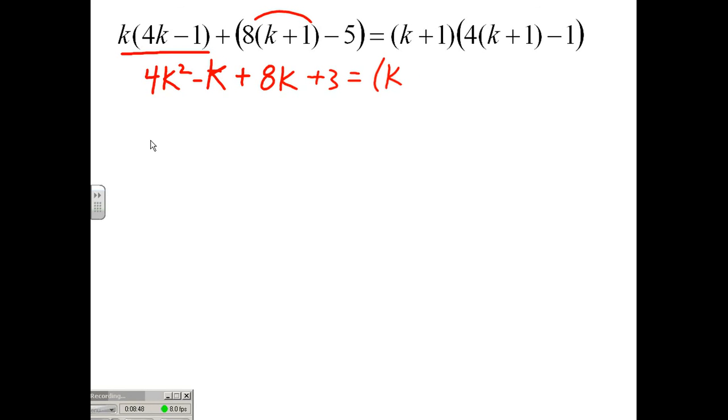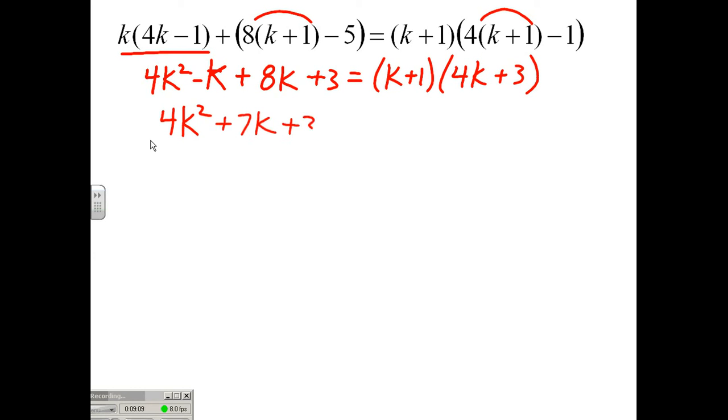Over here, I'll start my simplifying. k plus 1 times 4k, distribute, plus 4, but minus 1 plus 3. And left side, 4k squared. I've got a minus k and a plus 8k. That's plus 7k plus 3. And a little old school FOILing here. 4k squared plus 3k plus 4k, plus 7k, and a plus 3. Yay.